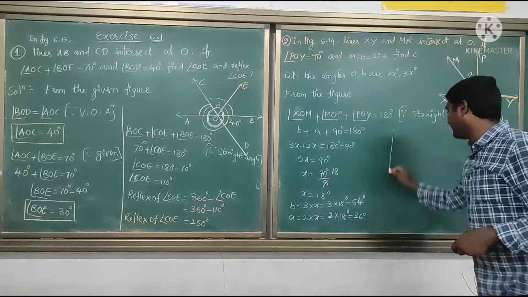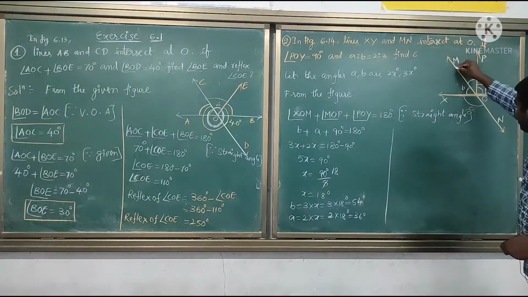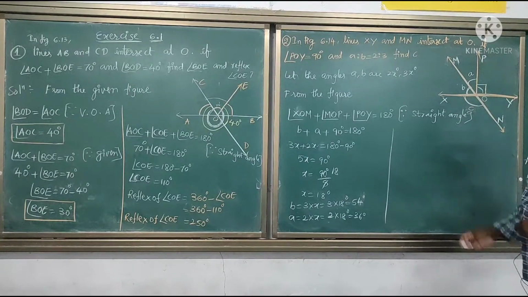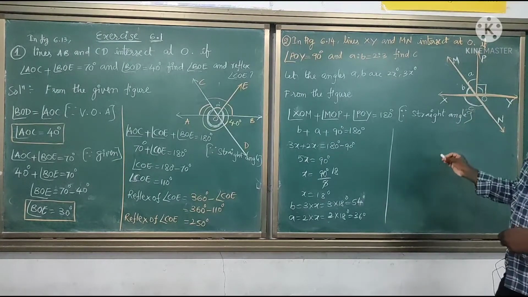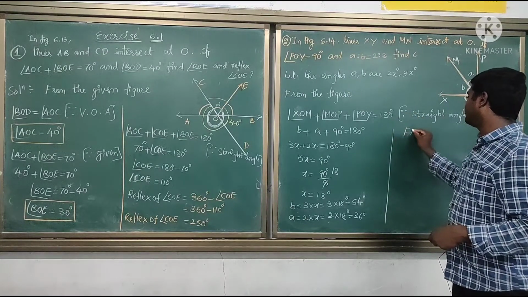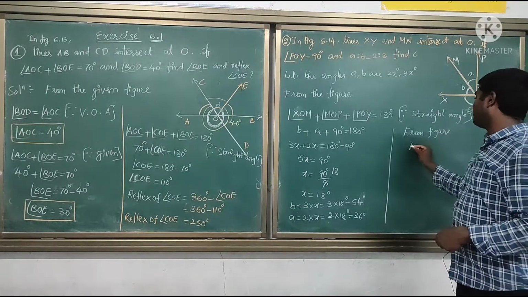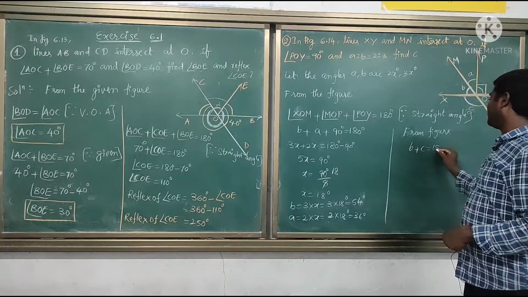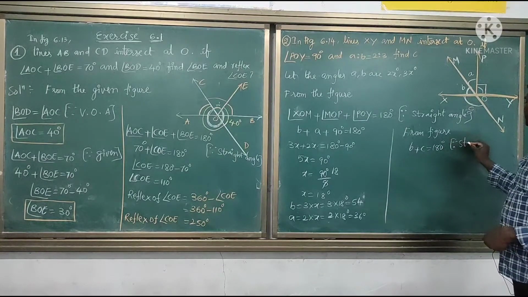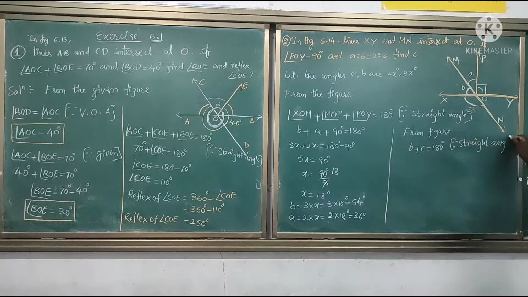Okay, so from the diagram, can we write B plus C equals 180 degrees? MN is a straight line, yes. So these two angles measure a straight angle. So from the figure we can write B plus C equals 180 degrees because those are measures of a straight angle.